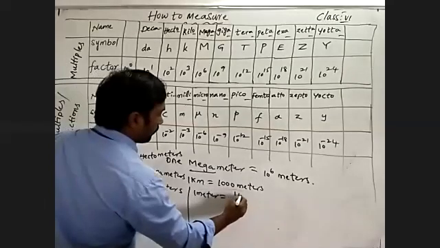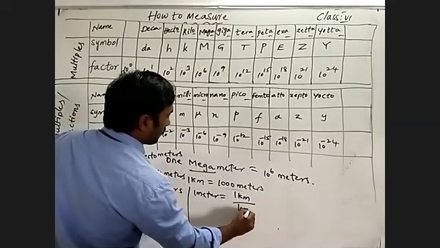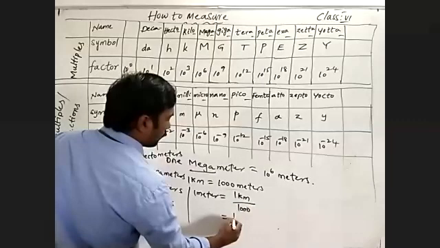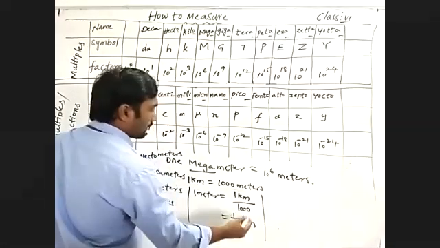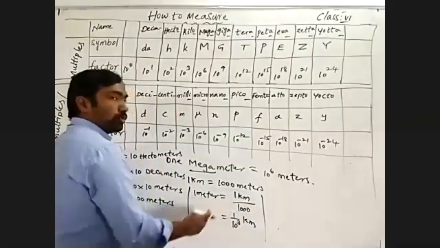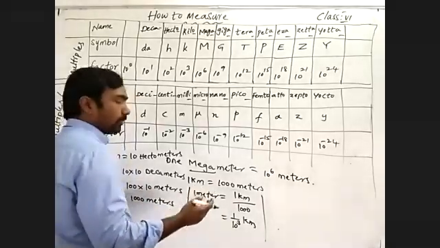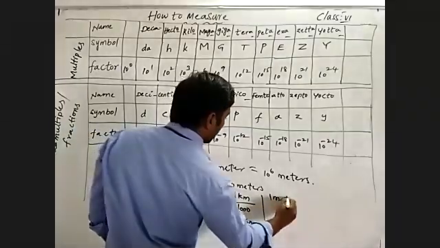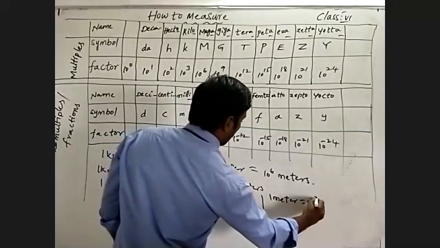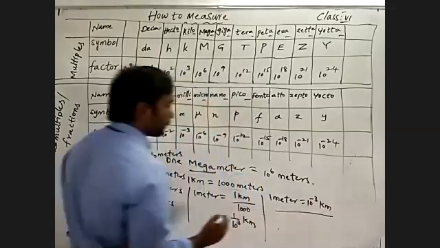So 1 kilometer by 1000, that is 1 by 1000, means 10 to the power of 3. If you move 10 to the power of 3 from denominator to numerator, the exponent becomes the opposite sign. So 1 meter is equal to 10 to the power of minus 3 kilometer.